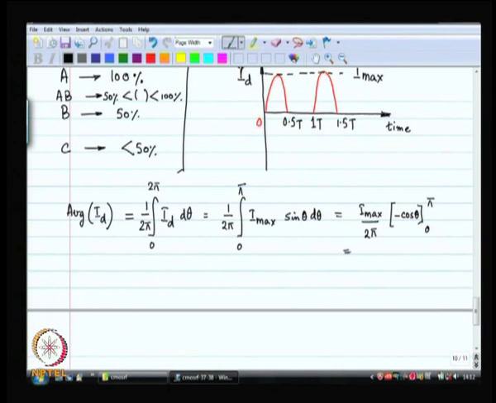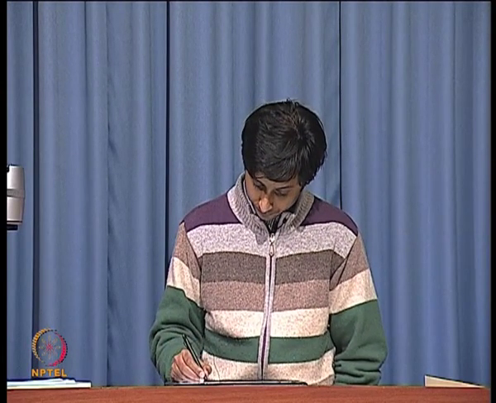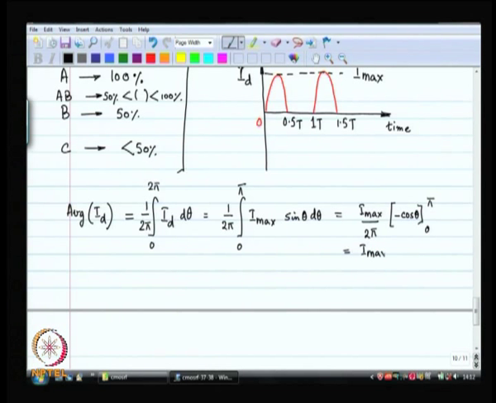So, cos pi is minus 1. So, minus of minus 1 is plus 1 and cos 0 is 1. So, minus of minus 1 minus minus 1. So, that is 2. So, my average current is I max by pi. Very interesting, right? What is interesting is that the average is over here, it is not in the middle.